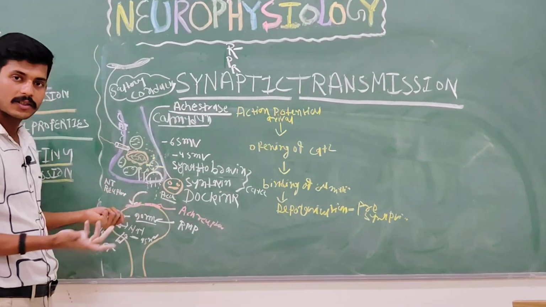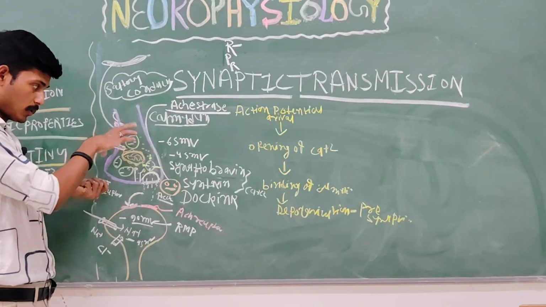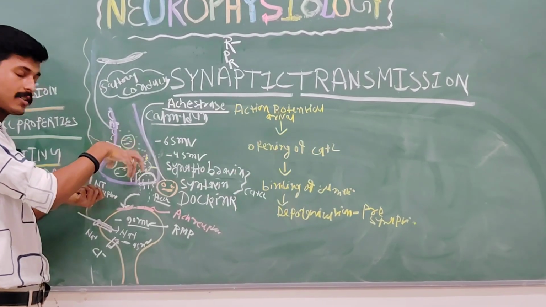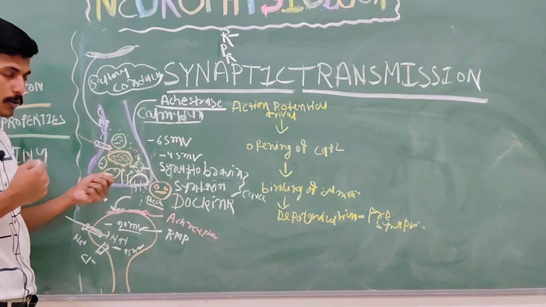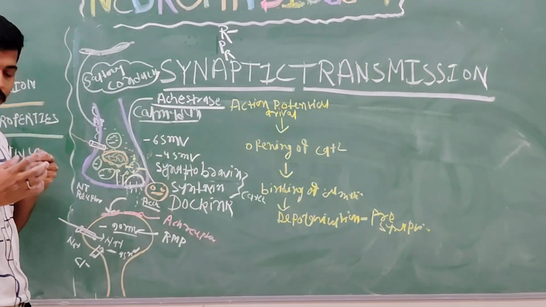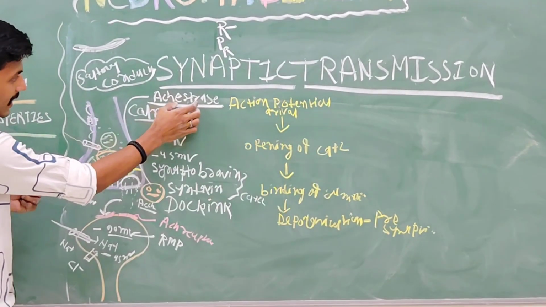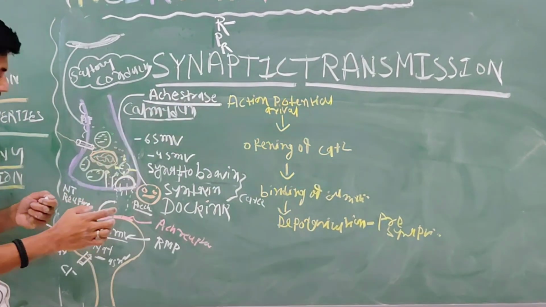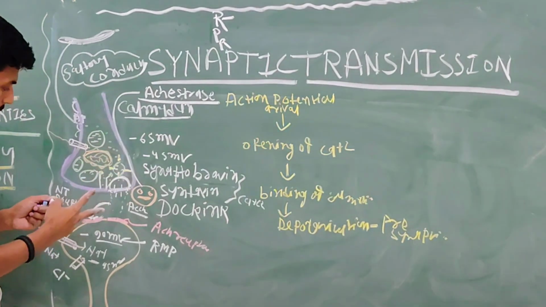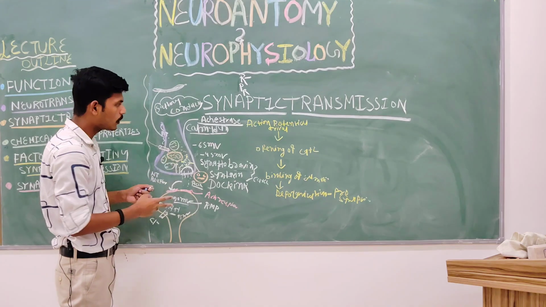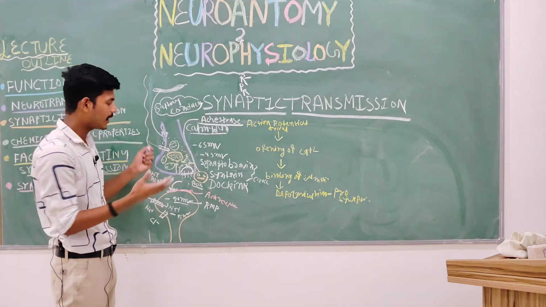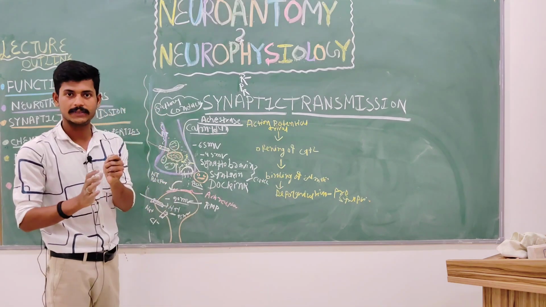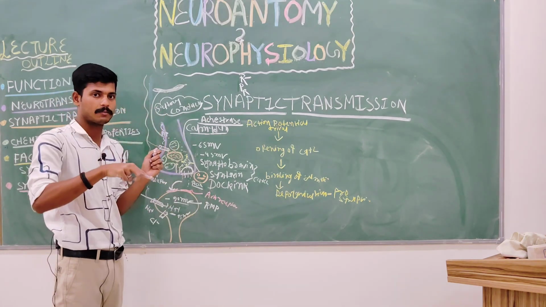Then what about the rest of the neurotransmitter? Because it is the duty of the presynaptic neuron itself to synthesize it, it has to do something in order to save its neurotransmitters. So this acetylcholinesterase breaks the acetylcholine into acetate and choline, and that is reabsorbed by the presynaptic membrane.